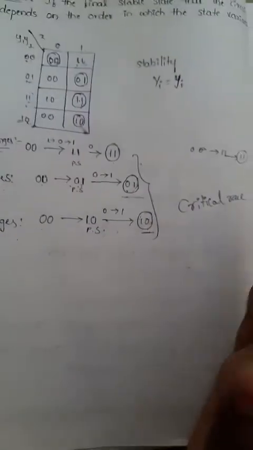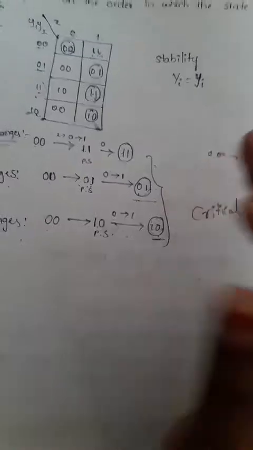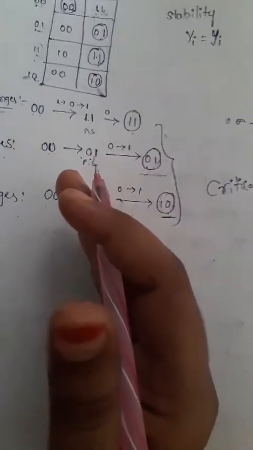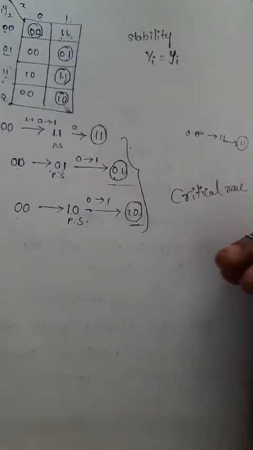Non-critical race is where, whatever the order, the stable state will have the same value. Here, whatever the order may be, if the race gives a different stable state, that means each state ends up with the wrong stable state. That is called a critical race.